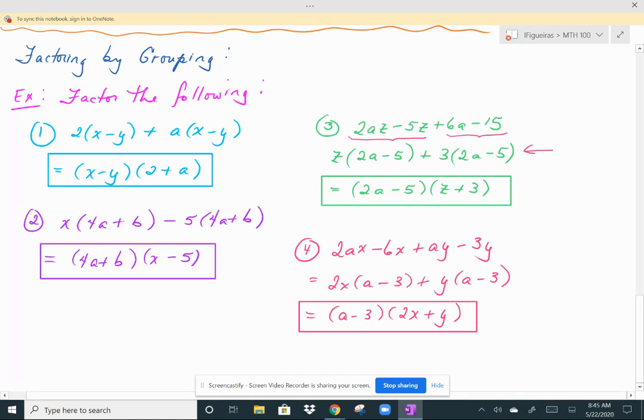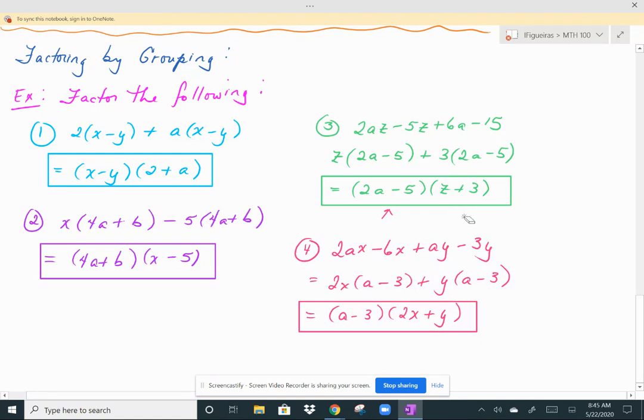Now, this second line looks like my first 2 examples, where I have 2 expressions being added together with a common factor of 2a minus 5. That goes first. And the expressions that remain go second as the second factor. So 2a minus 5 times z plus 3 are the factors of the original polynomial. You can check it by foiling the answer, and you should get back to where we started.